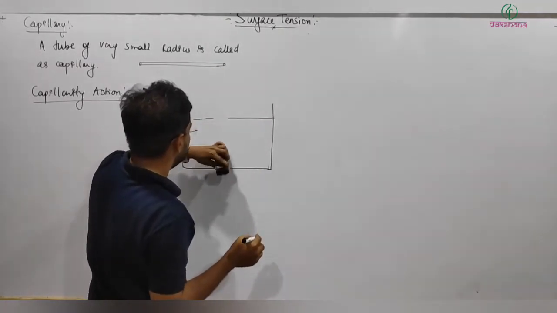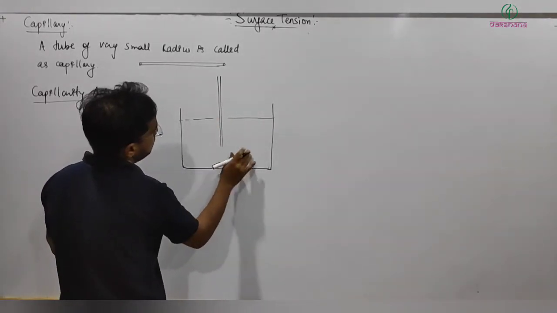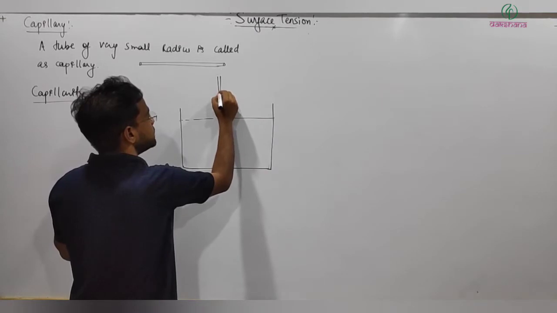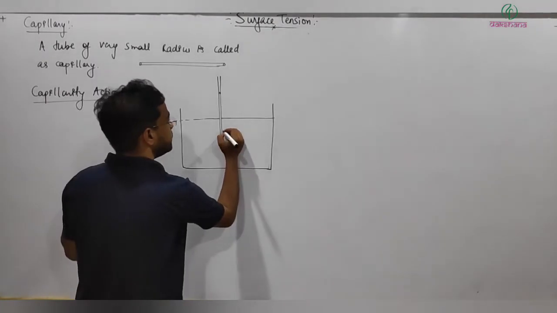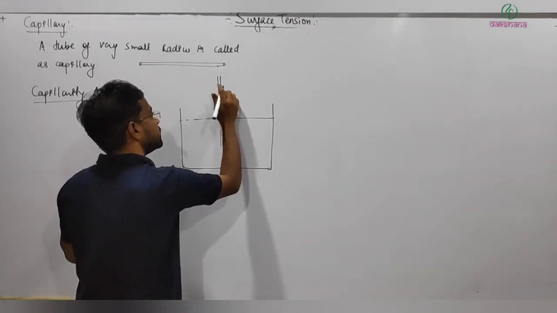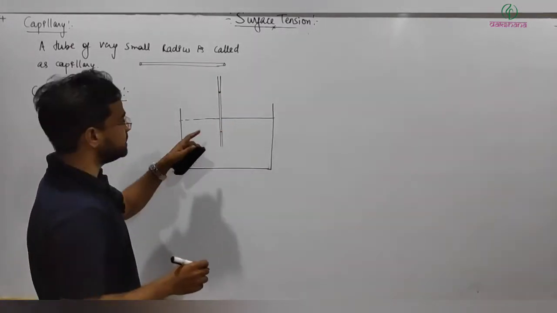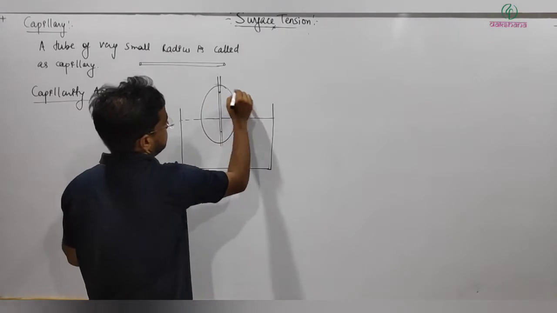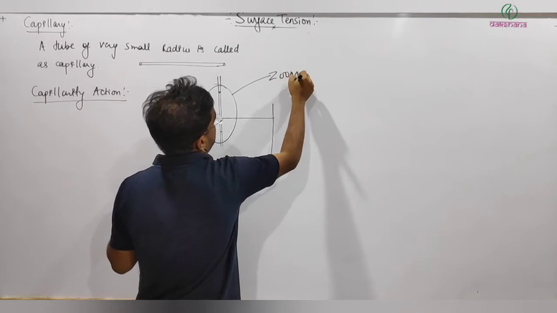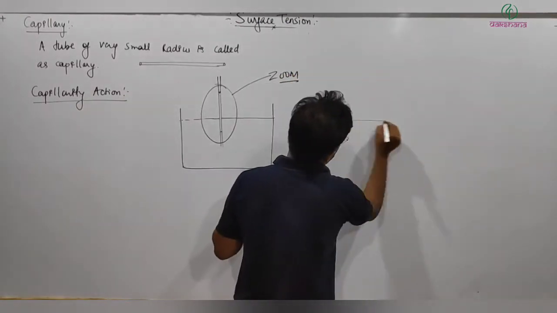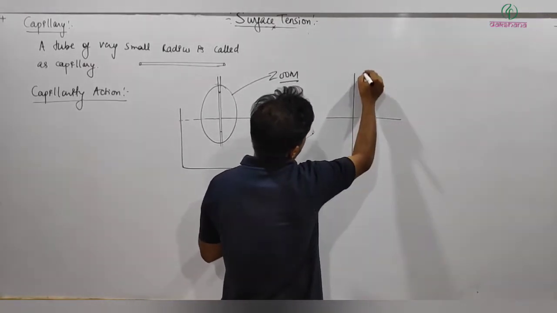So let's say this is the capillary; either the liquid in it will rise like this above the surrounding level, or it may depress. Let me show you this part zoomed in. Let's say this is the level of liquid and this is the capillary.